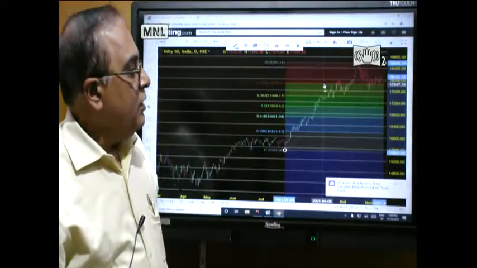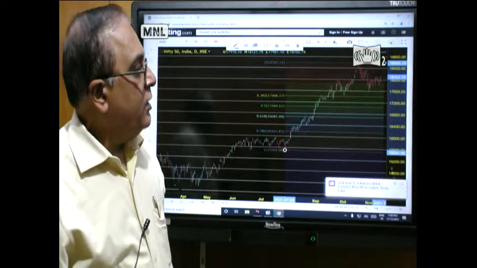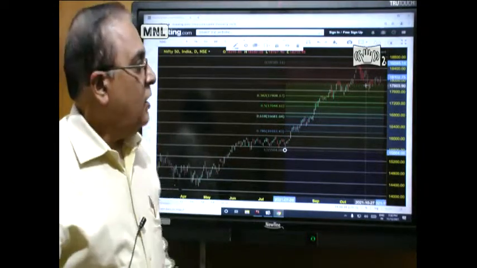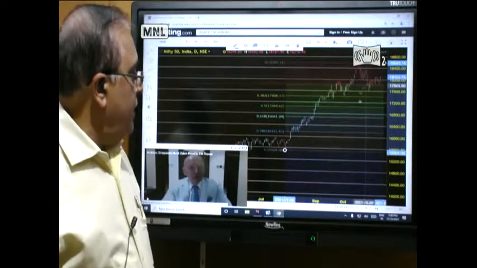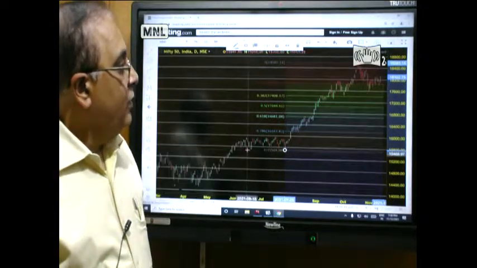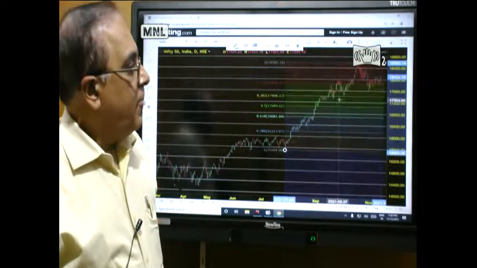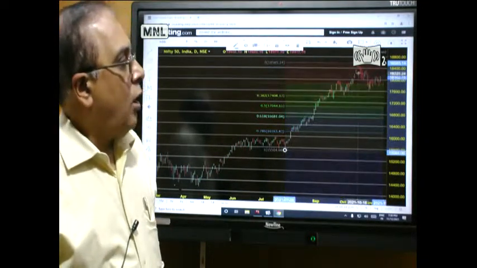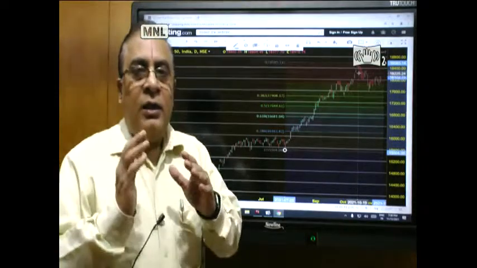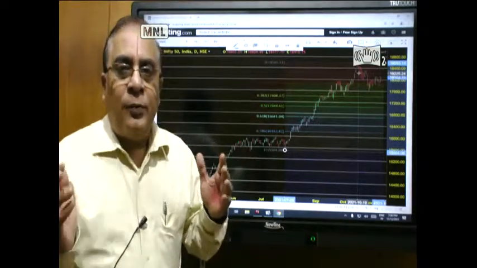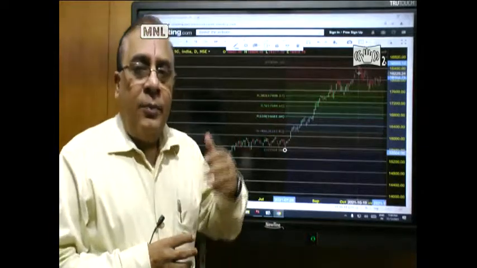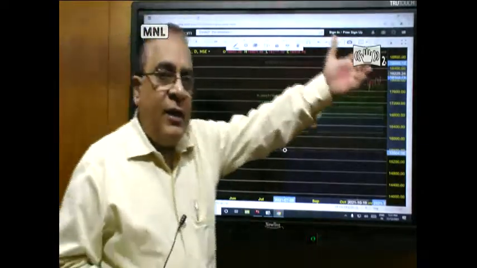Now, if you see here, it's 18,000. There is also a resistance, 18,340 or so. So the next resistance will come very close to that 18,340, 350 levels, because that is also the 23.5% retracement from this low to this top, approximately 750 points, because it should have been 17,850, 18,600.